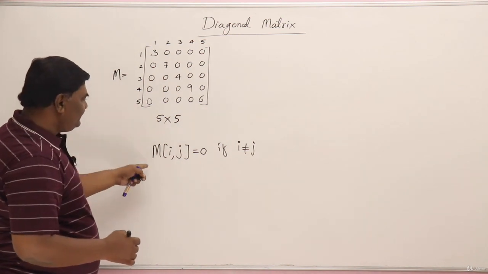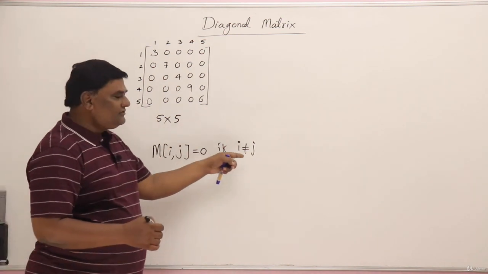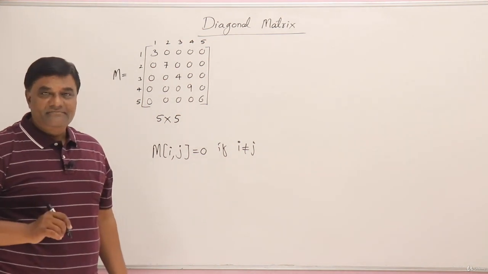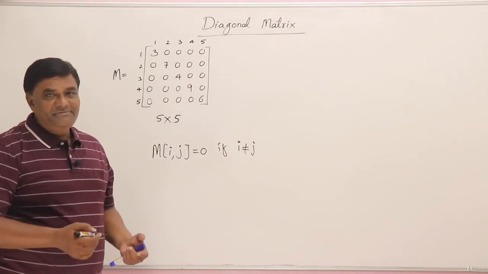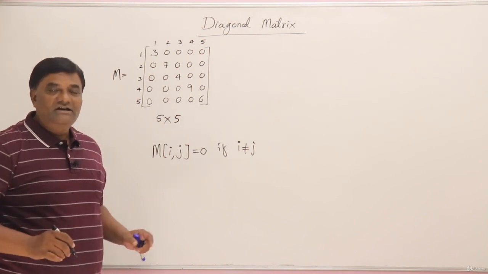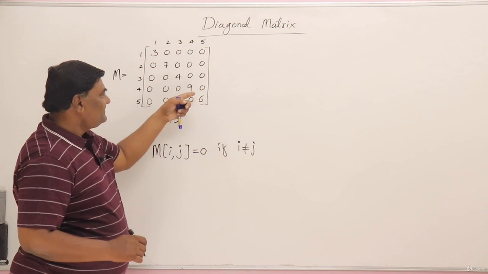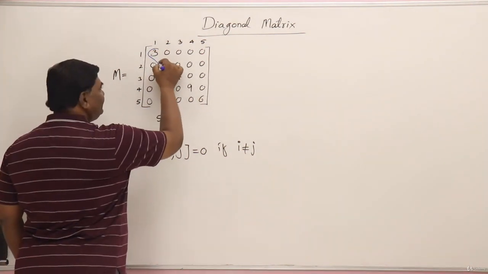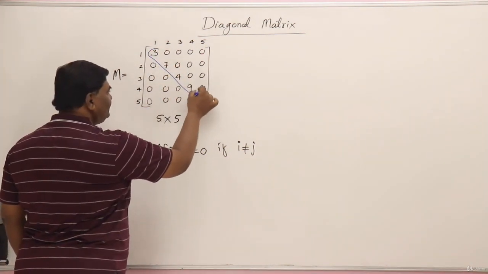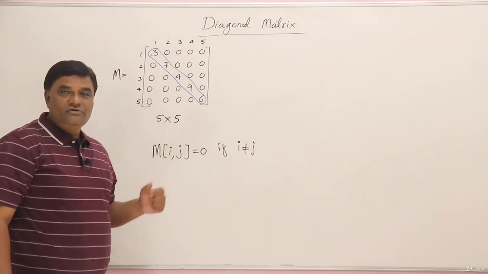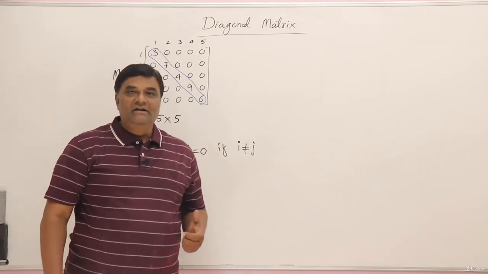M of ij should be 0 if i is not equal to j, then it is a diagonal matrix. If they are equal, then the elements may be 0, non-zero. We don't bother about that. We bother about the rest of the elements. All these elements must be 0. So these elements are non-zero elements, rest of the elements are zeros. So I have given a definition of diagonal matrix.